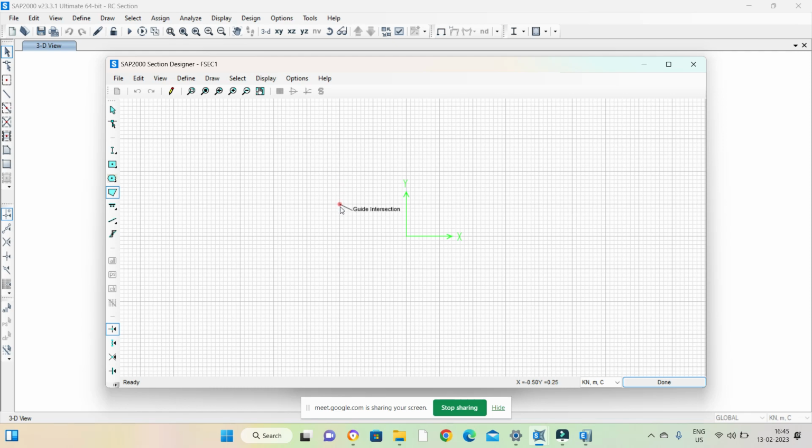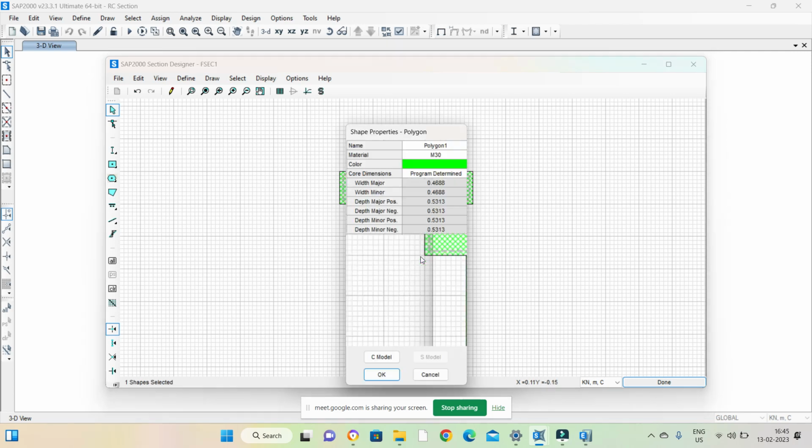Let me take any random shape. I'll not take any particular dimension, I'll just make a shape of this. So now I want to add reinforcement.